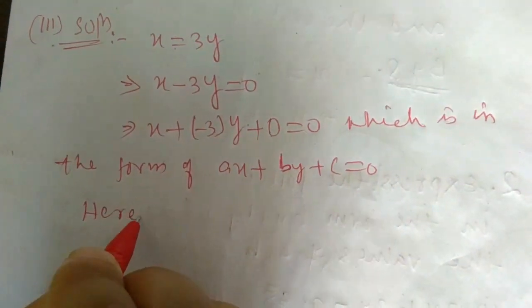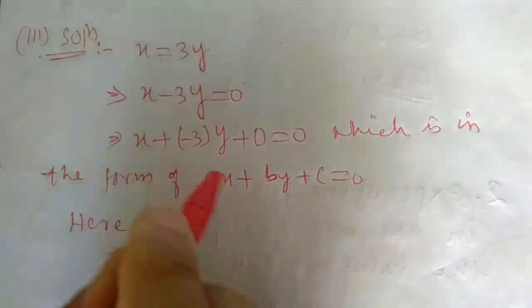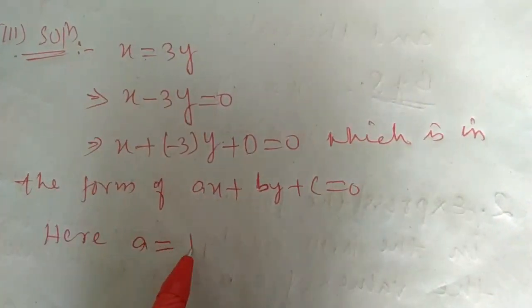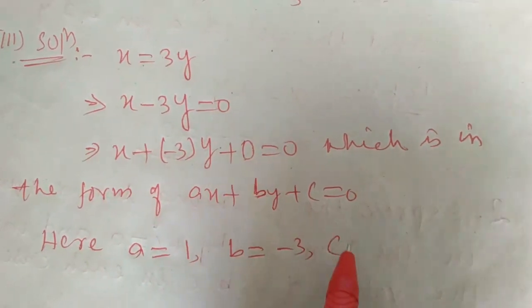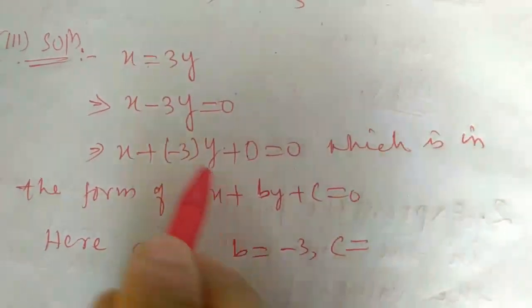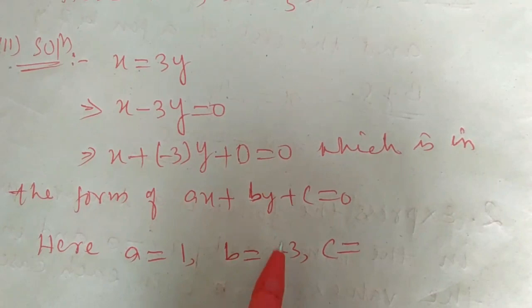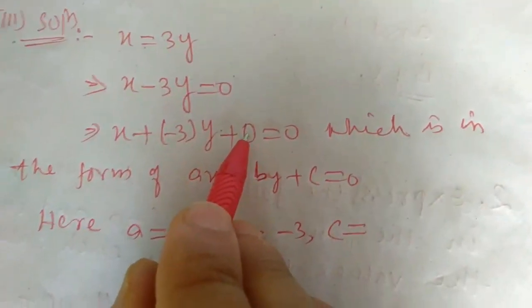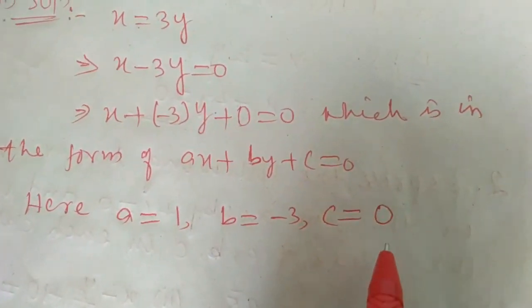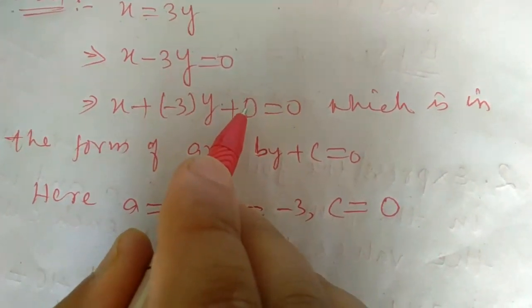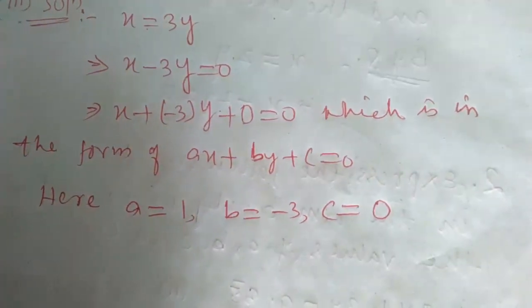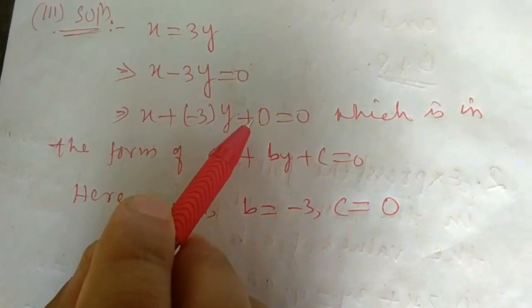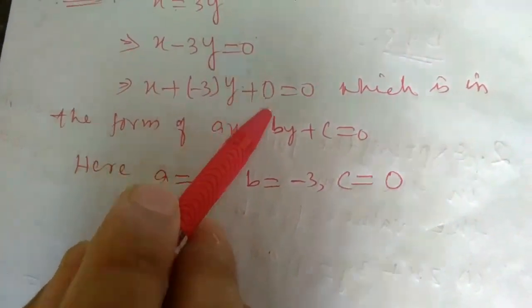Here a means the coefficient of x, it is 1. b means the coefficient of y, it is minus 3. c means the constant term; no constant term is here, so we have taken 0. You can take just 0 or you may not write this 0, but whenever a constant or any term is not given, you have to take that term as 0.